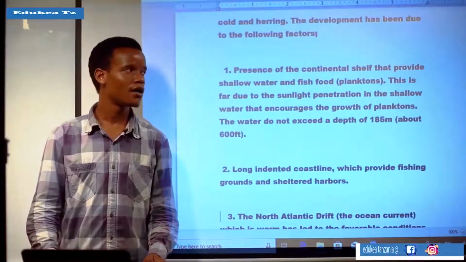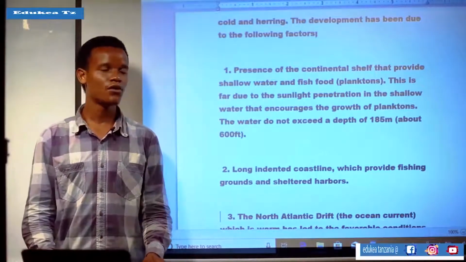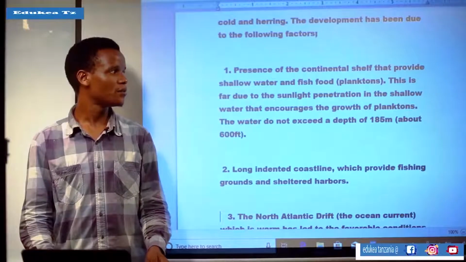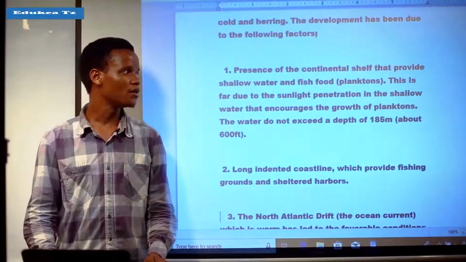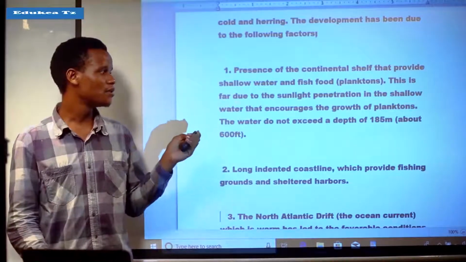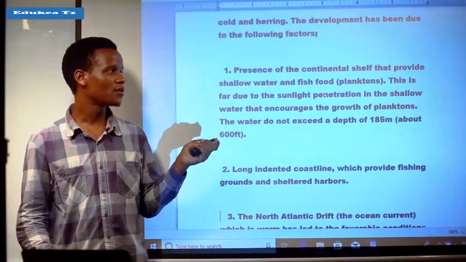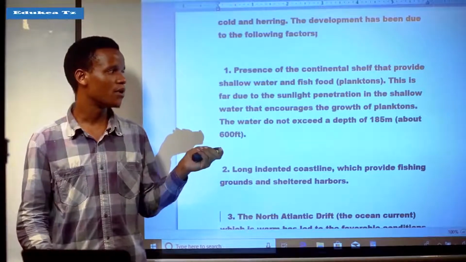Plankton acts as food used by the fishes, and this is due to the sunlight penetration in the shallow water that encourages the growth of plankton.